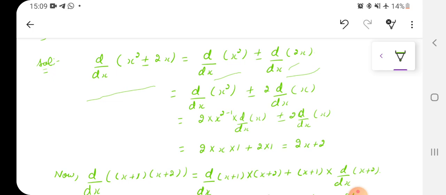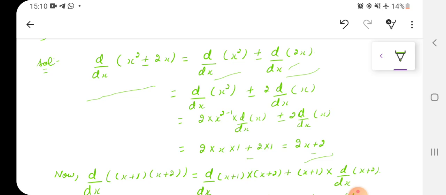Next, 2 times the derivative of x with respect to x, which is 1, right? So 2 times 1 will be 2. So we get 2x plus minus 2. So this is the derivative of x square plus minus 2x. Actually it will be plus minus 2 because it is for both plus as well as minus.